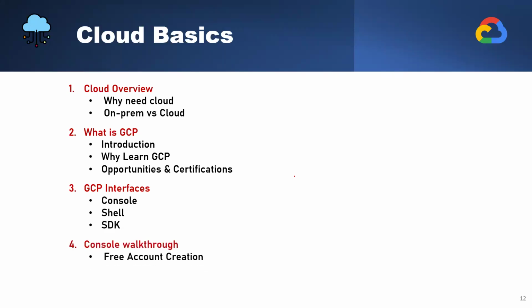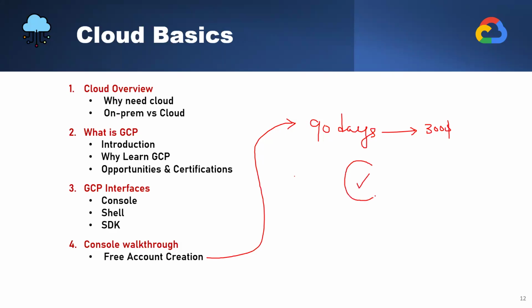In the console walkthrough, I am going to tell you how to create a free tier account here, guys. The free tier account gives you a validity of 90 days for $300. So they are freely offering you $300 for 90 days. I'm going to tell you how to create such an account for practice purposes.